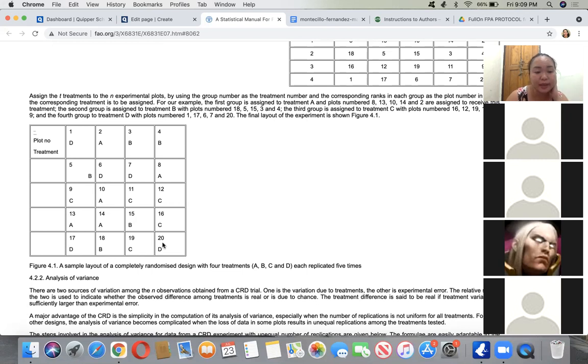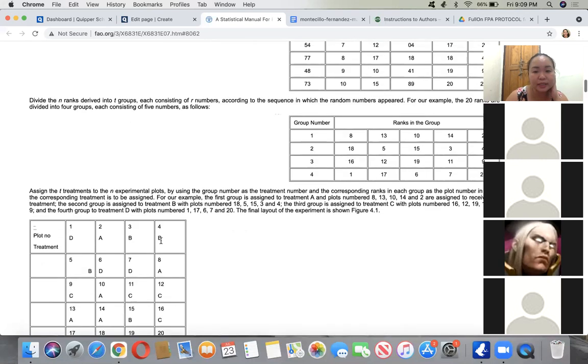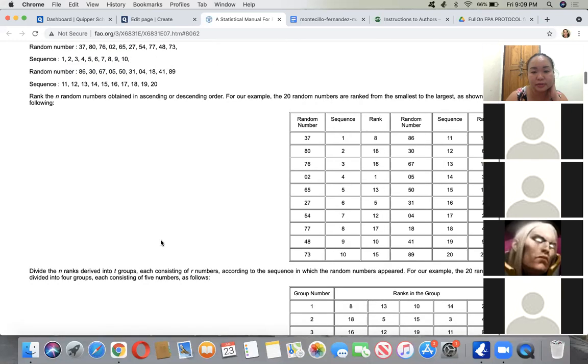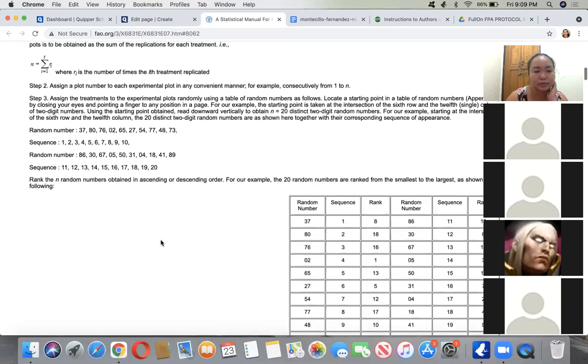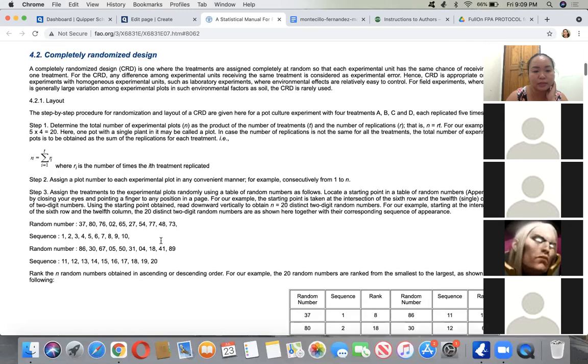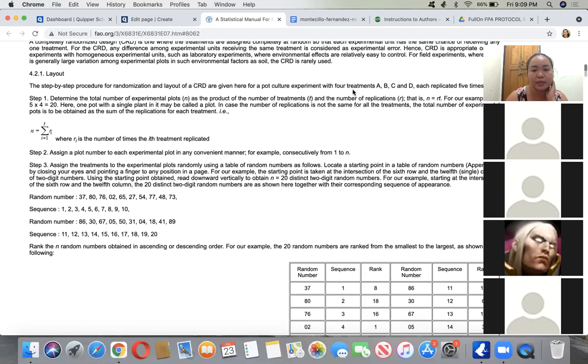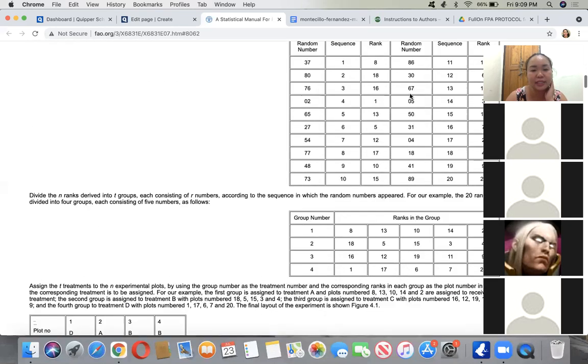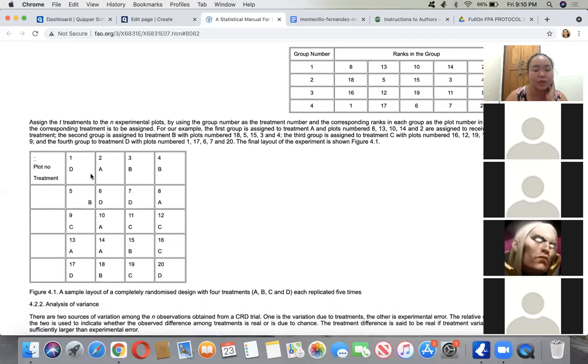And you have 4 treatments, A, B, C, D. So, if you have 5 replications and 4 treatments, 5 times 4, 20. So, meron kang 20 plots.